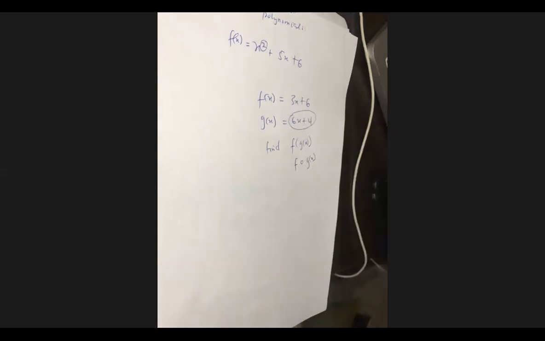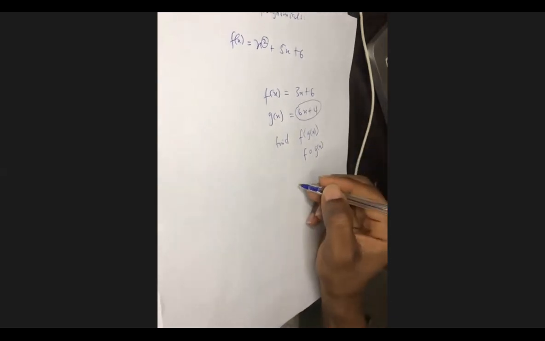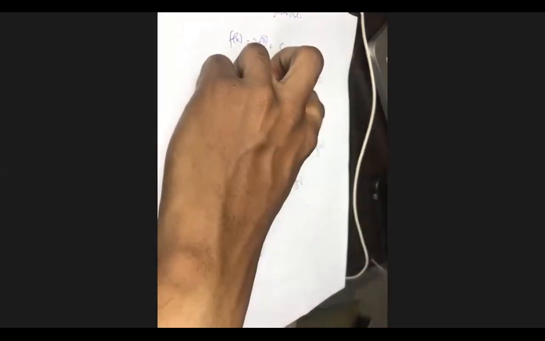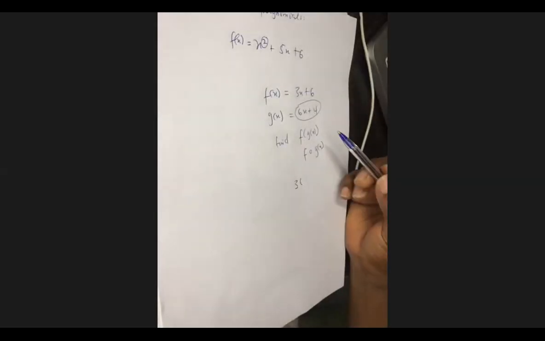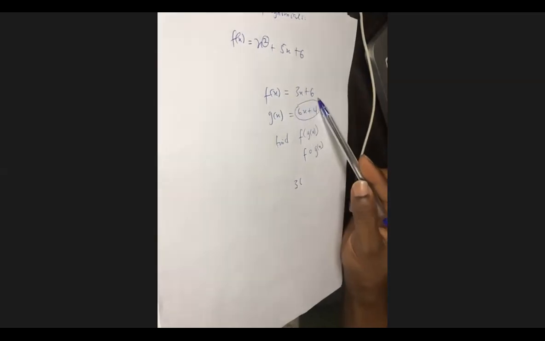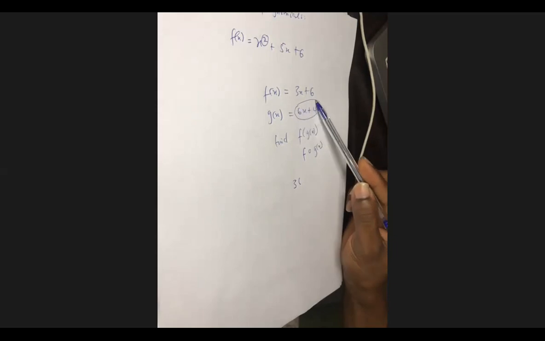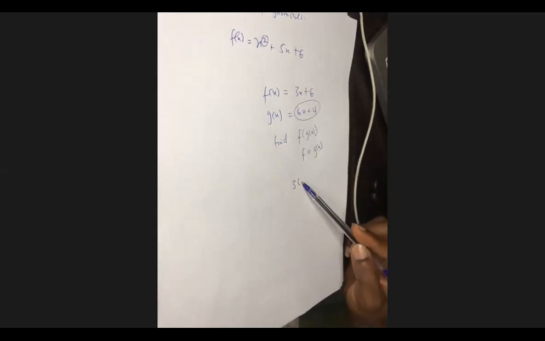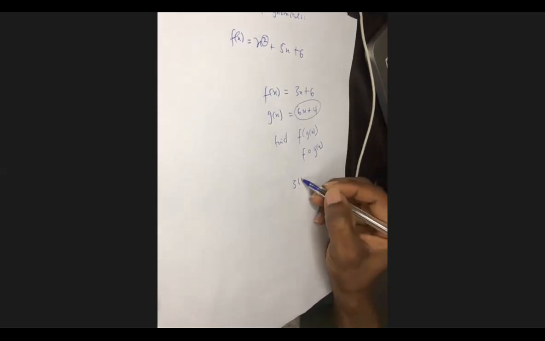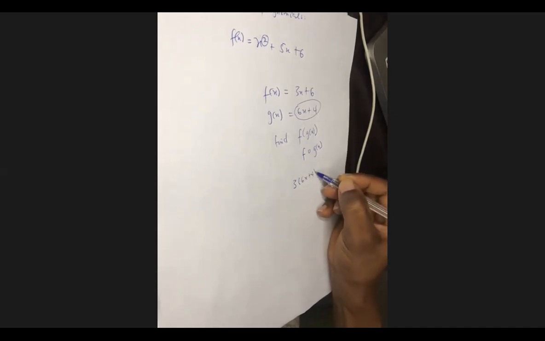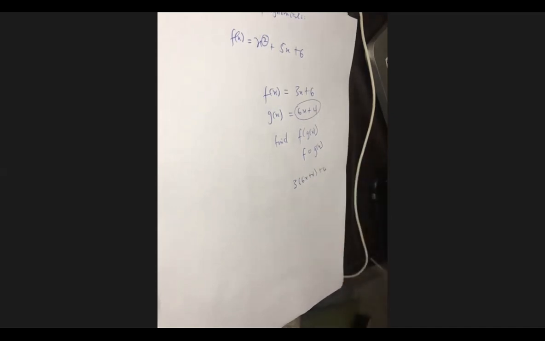Very, very easy. So now this is going to be 3, then I open a bracket because x is here. So I am going to fix in the whole expression for g of x inside. So I have 6x plus 4 plus 6.